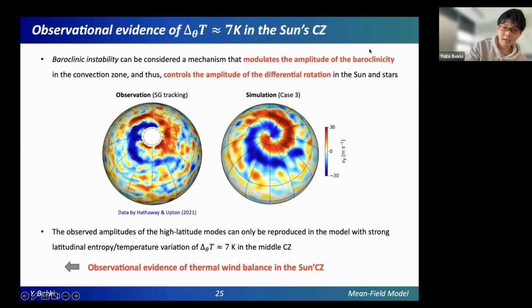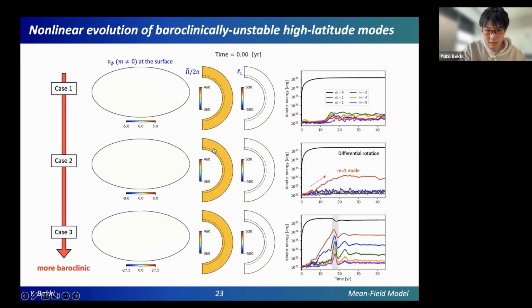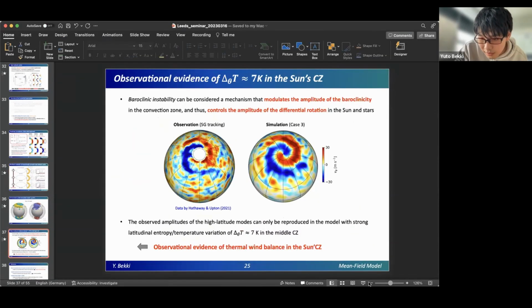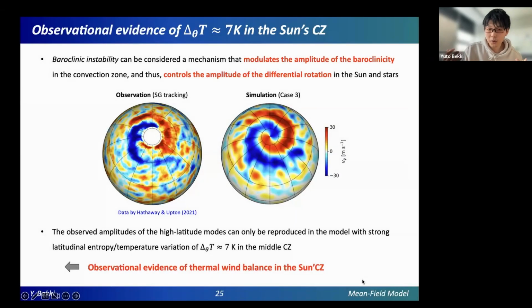And again, we also argued that the observed spiraling flow pattern of the sun can be very nicely explained by these baroclinically driven high latitude modes, baroclinically excited topographic Rossby modes. And they are very important because, as I explained in this movie, they play a very important role in modulating the baroclinicity in the convection zone.